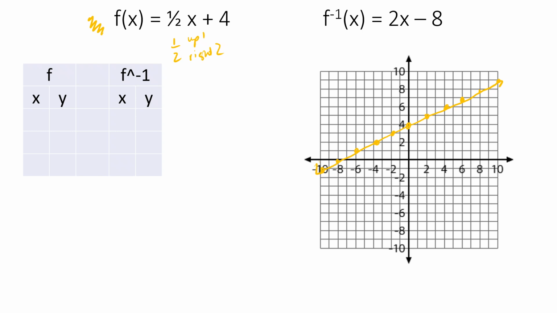And then we'll use green for this one. And this has a y-intercept at -8. And the slope is 2, or 2/1. So I'm going to go up 2 and right 1. So up 2, right 1, up 2, right 1.